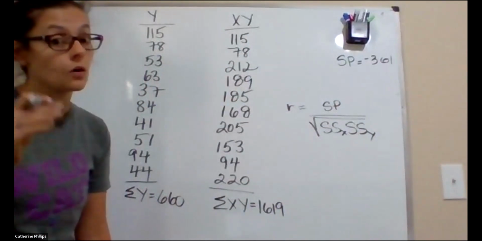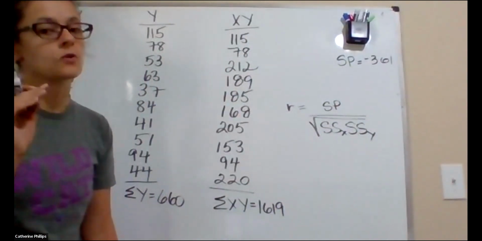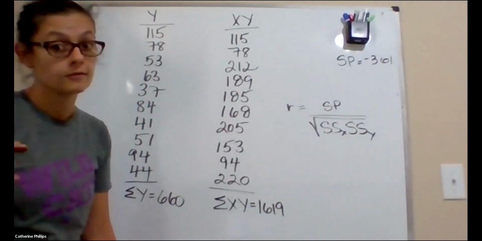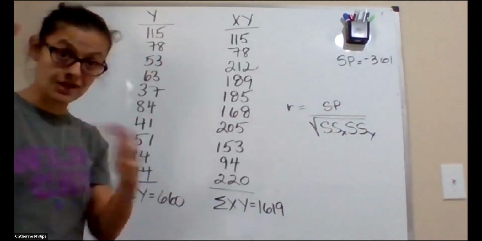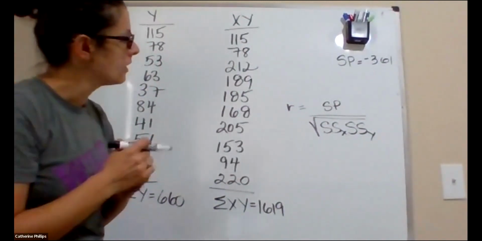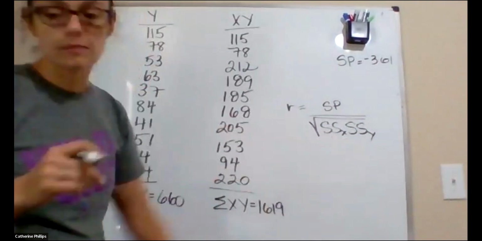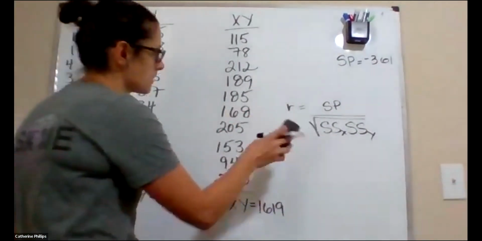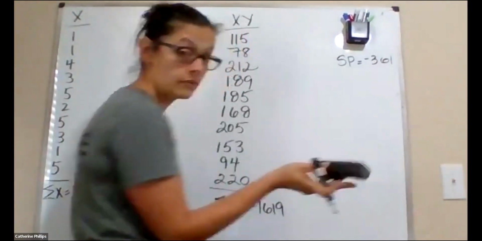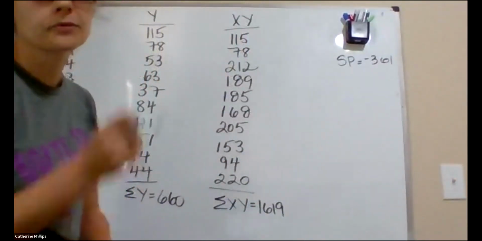Your sum of squares are always positive. So if your correlation is negative, your sum of products is going to be negative. And remember our scatter plot, we're expecting a negative correlation here. So now I need to go in and calculate the sum of squares X and sum of squares Y, before I can do my correlation itself.